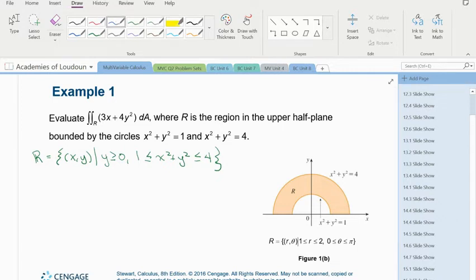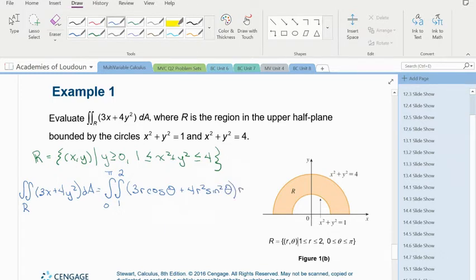So therefore, we can rewrite this integral. The double integral over region R of 3x plus 4y squared dA is going to be the integral from 0 to pi and 1 to 2 of 3r cosine theta plus 4r squared sine squared theta, times r dr d theta.